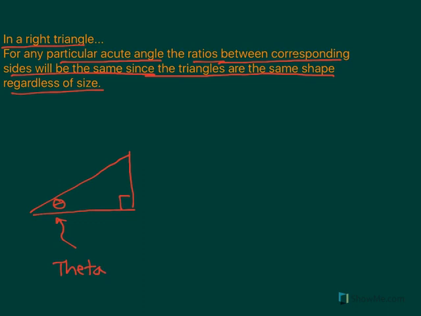So if we look at this right triangle and we label the sides, we'll call this side A, side B, and side C. And if we drew another triangle, let's say we increased it in size by maybe a scale factor of 2, doesn't really matter what the scale factor is, but let's say we made it the same shape but a different size.